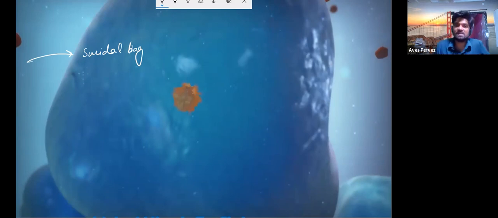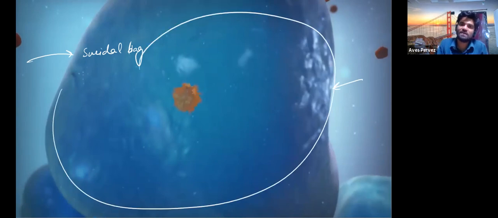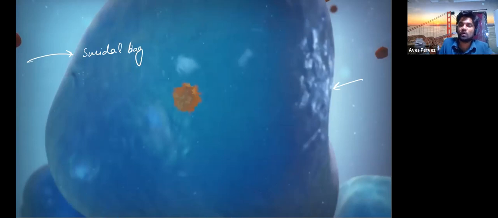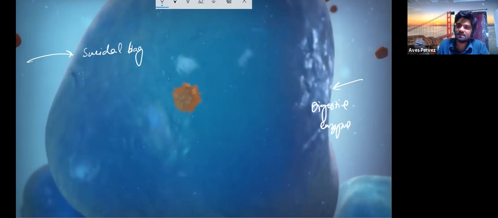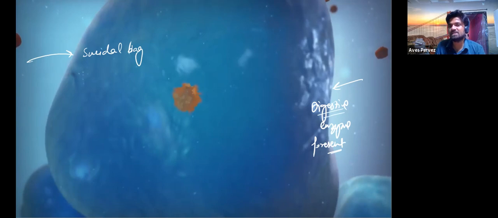So what happens is these lysosomes contain digestive enzymes. These lysosomes get burst if the cell is damaged; this is like a bomb.